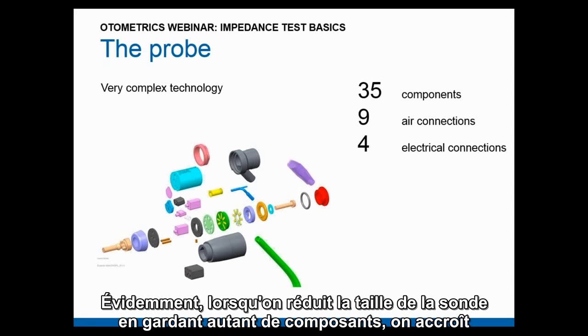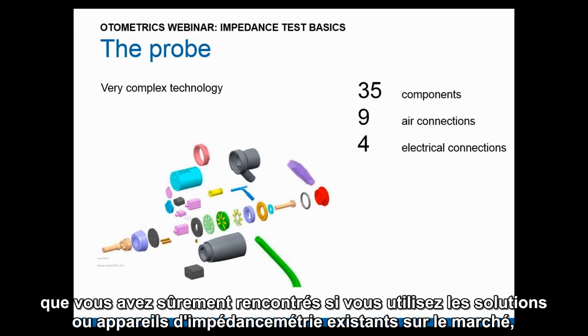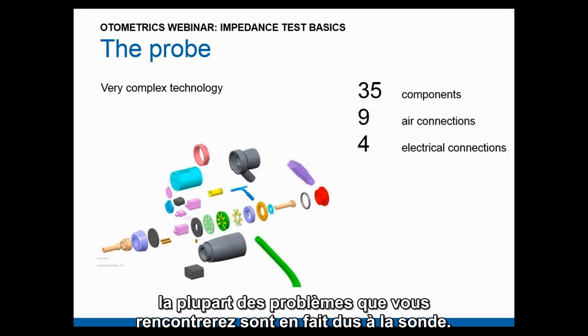And obviously, when you reduce the size of the probe but keep so many components, you can of course increase the risk of lack of stability, problems with the probes. And I'm sure you have experience if you are using immittance solutions or devices today in the market. Most of the problems you will face are coming from the probe.